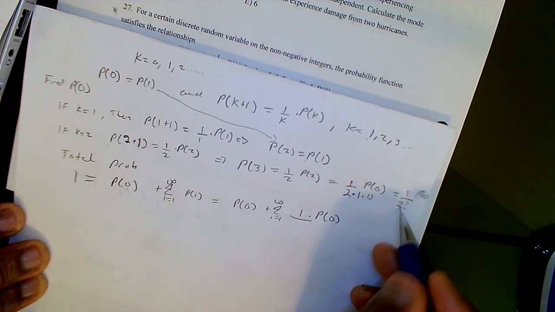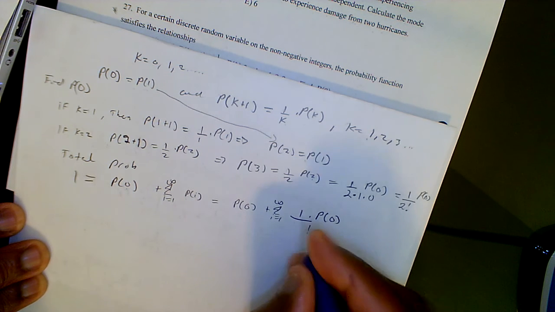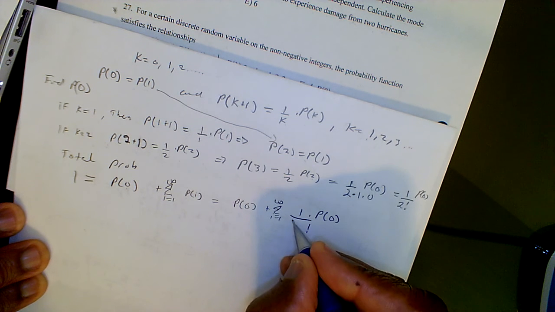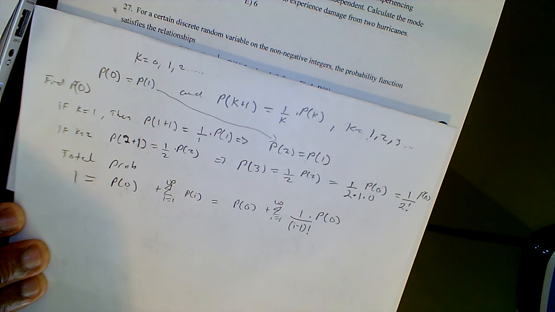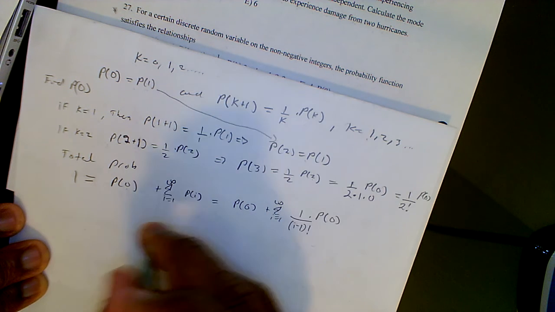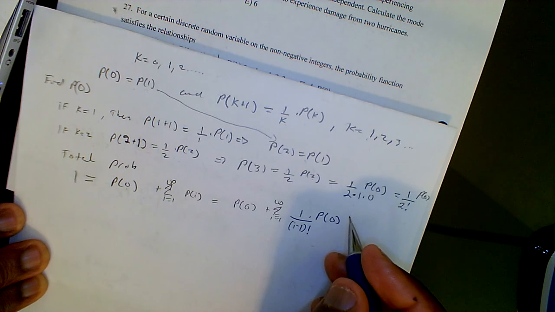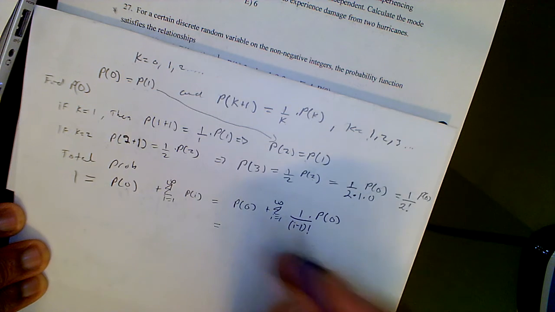What is this? This is a factorial, but remember, it's i minus 1, which is 1 back from what we want. We also can do this. We know this is a multiple.